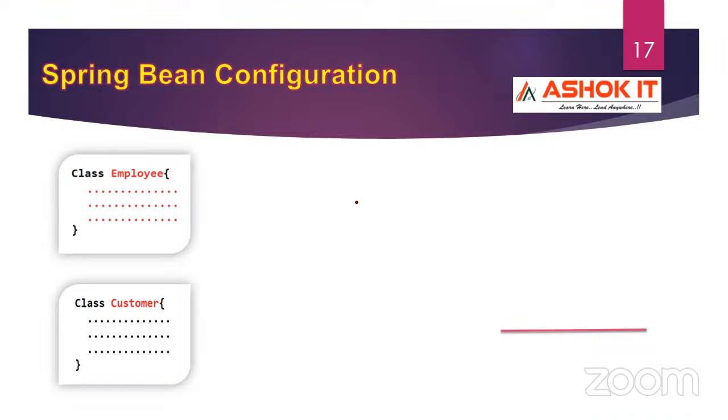Right now, these two classes are Spring Bean classes. Why? Because these two classes are not extending or implementing any third-party classes and interfaces. So definitely, I can say the employee class and the customer class will become Spring Bean classes automatically.